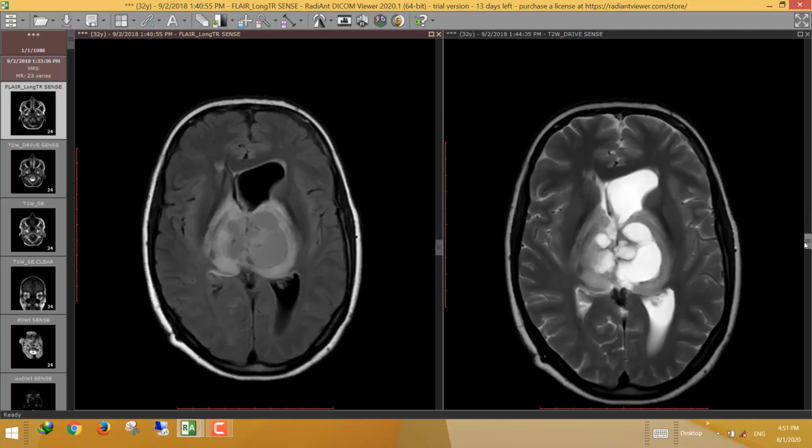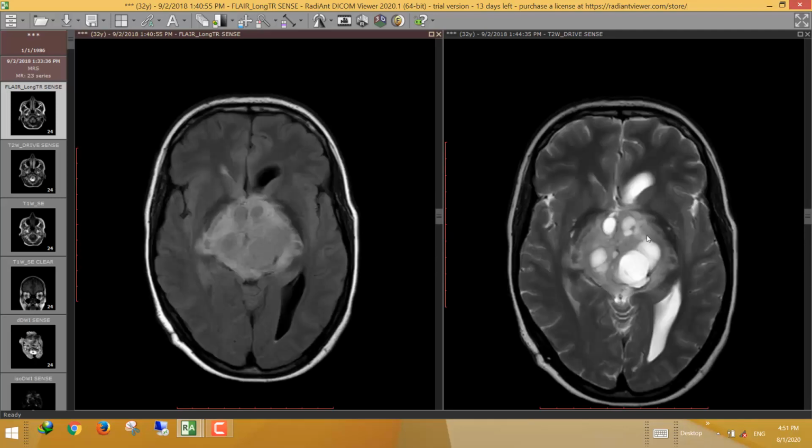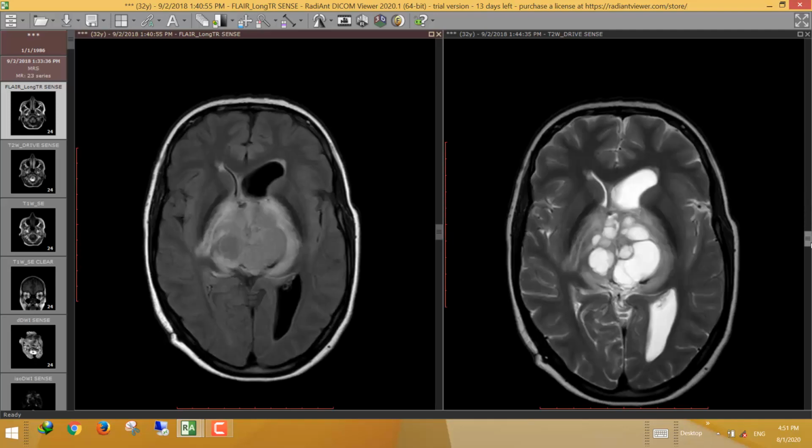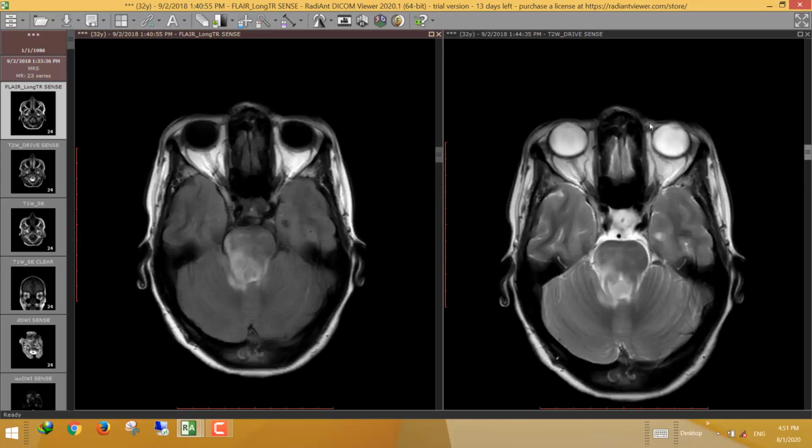This lesion is seen extending inferiorly, obliterating most of the third ventricle, and further downward it extends along the aqueduct of Sylvius and reaches the region of the fourth ventricle here.